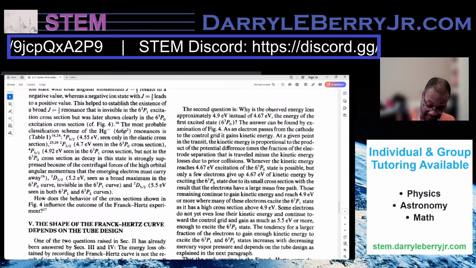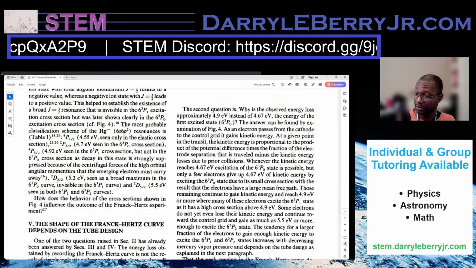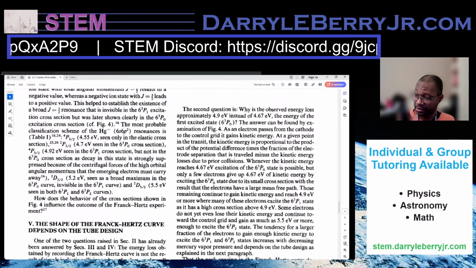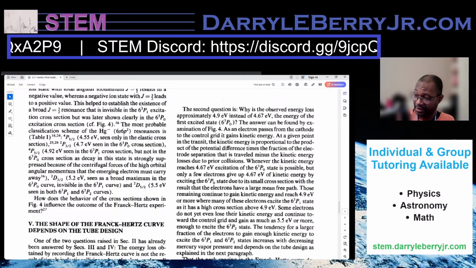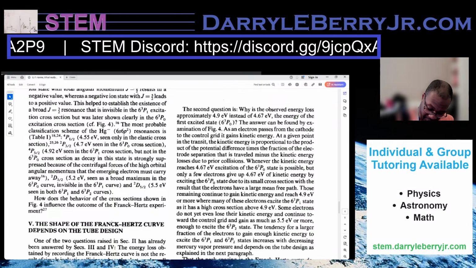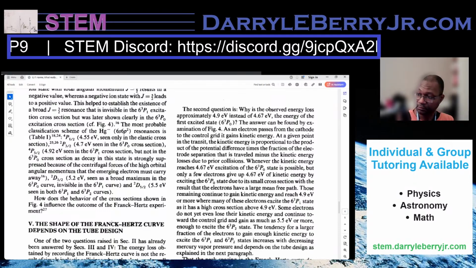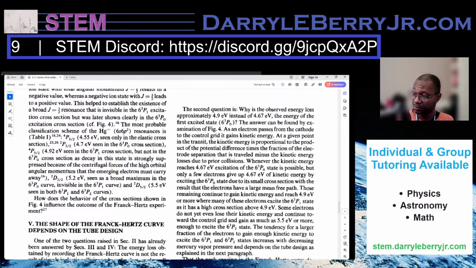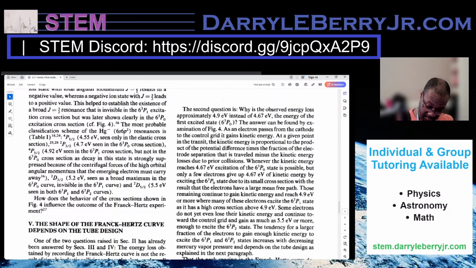I'll say D traveled, times the fraction of the electrode separation that is traveled, minus the kinetic energy losses. Oh, D traveled minus D total, minus the kinetic energy losses due to prior collisions.